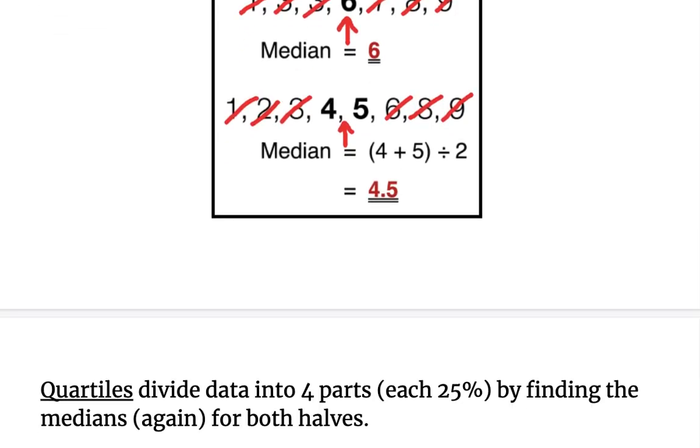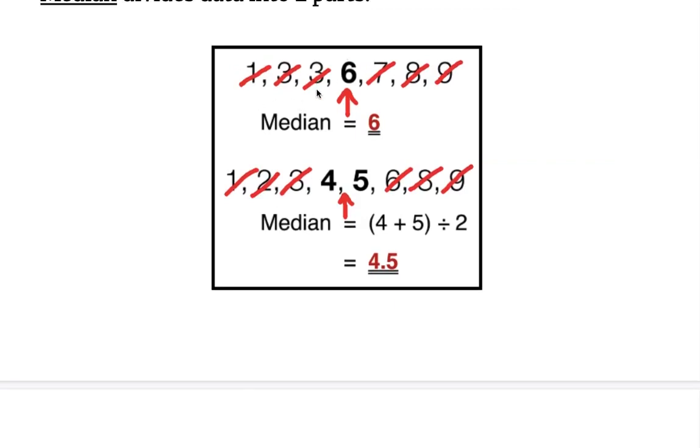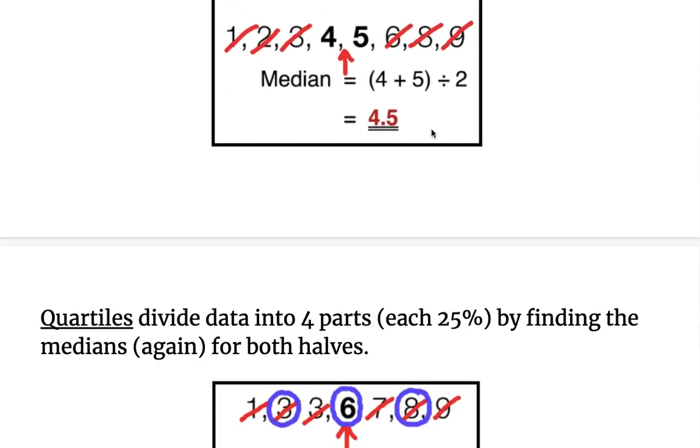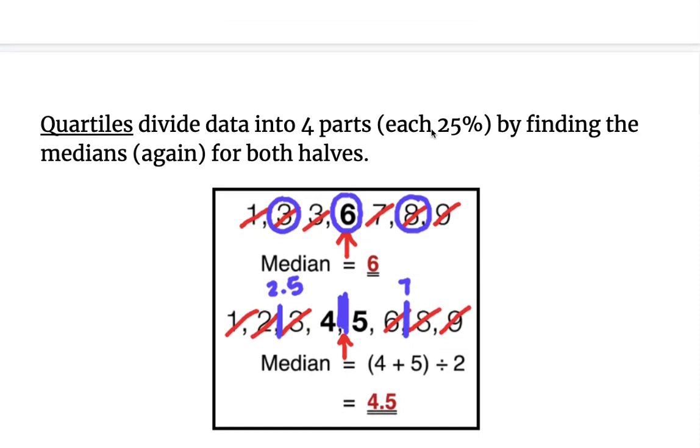The quartiles will divide the data into four parts. So instead of 50% in the front and 50% in the back, the four parts will divide the data into 25%. So we have 25% here, 25% here, 25% here, and 25% here. And you're basically finding the median, and then you're doing it again for both of those halves.